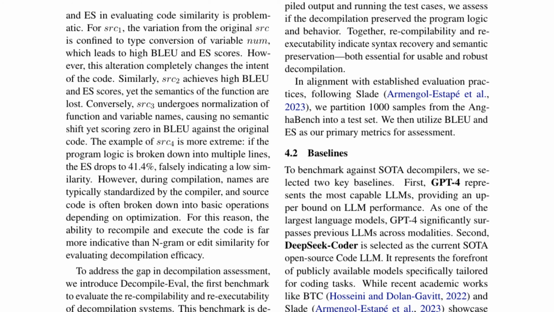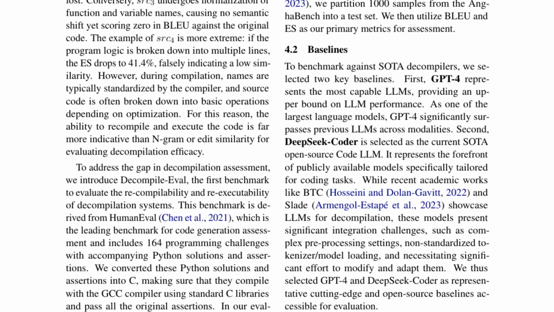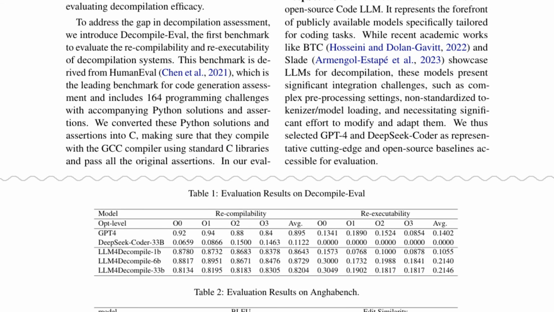However, during compilation, names are typically standardized by the compiler, and source code is often broken down into basic operations depending on optimization. For this reason, the ability to recompile and execute the code is far more indicative than n-gram or edit similarity for evaluating decompilation efficacy. To address the gap in decompilation assessment, we introduced Decompile-Eval, the first benchmark to evaluate the recompilability and re-executability of decompilation systems.